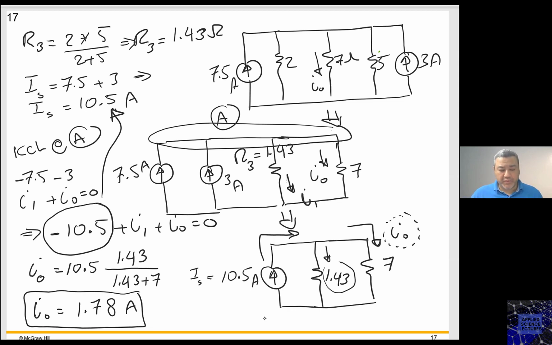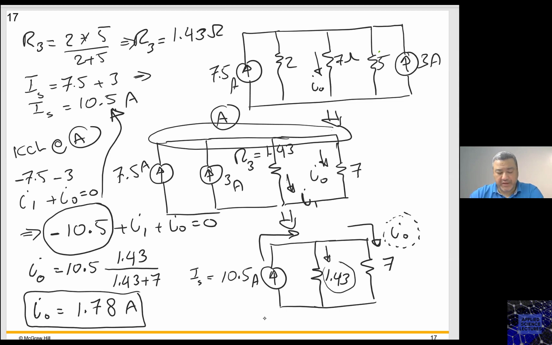Any question about how we did the source transformation? Actually, sir, I had a quick question about the current division equation. When you're trying to find the current I naught going through the 7 ohm branch, the equation is the resistance of the other resistors connected to the node divided by the sum of the resistances. Right.